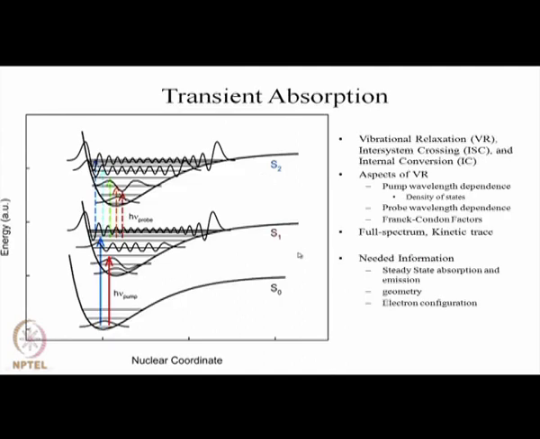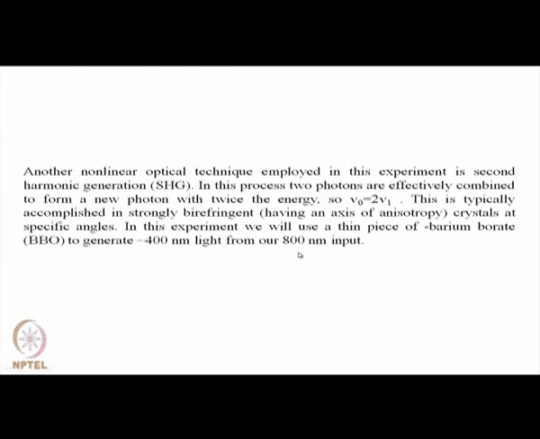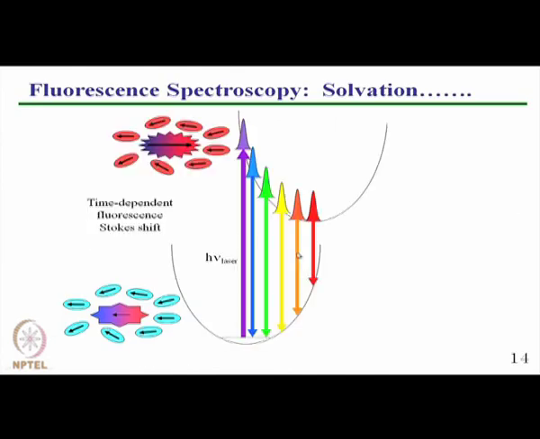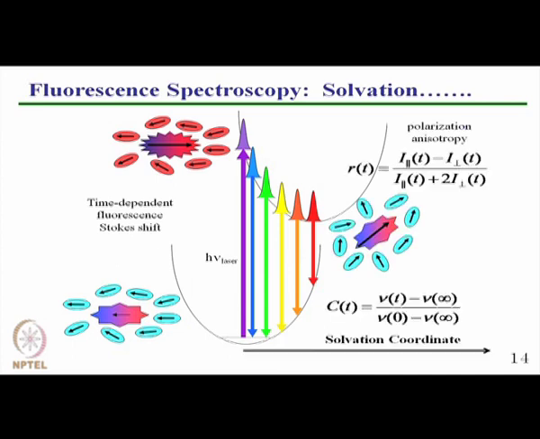And if you want to follow solvation dynamics, one very important way of doing it is time resolved fluorescence, which is called time correlated single photon counting. That is generally done for detecting components of up to several picoseconds.